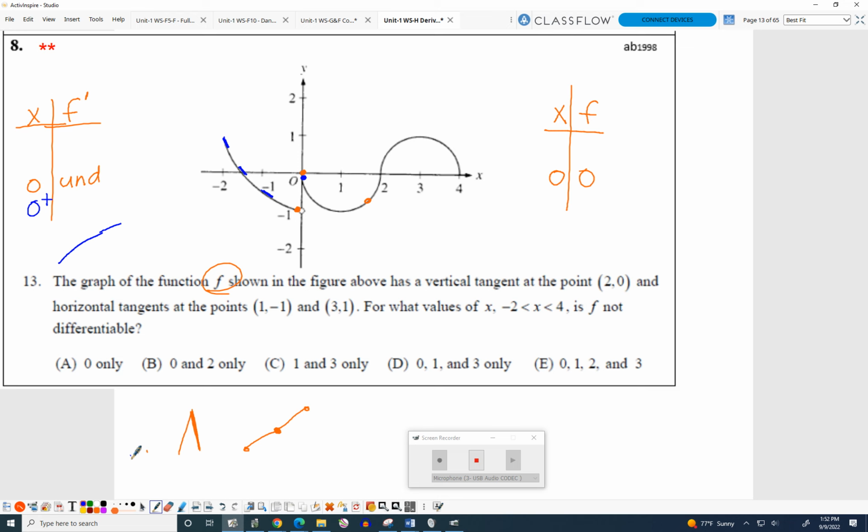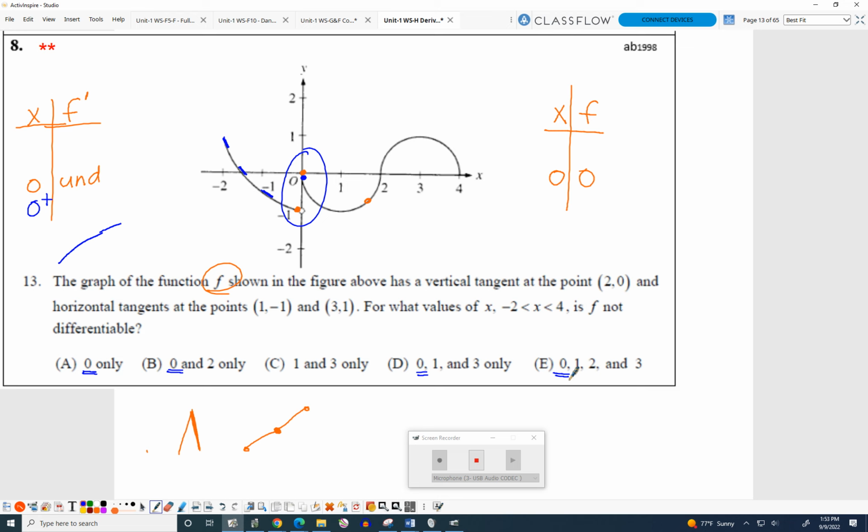Pretty good? Okay, again, in summary, because this spot is a discontinuity, that is a place where f is not differentiable. So I know that this is correct, like that. Questions? Because it's asking me to find where f is not differentiable.